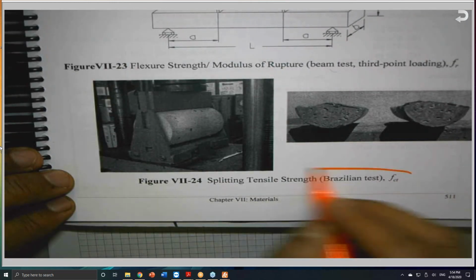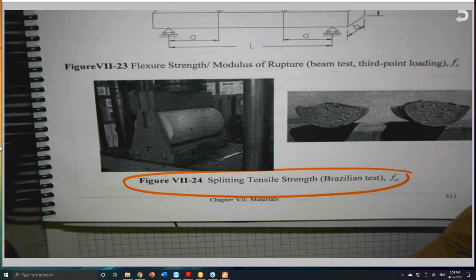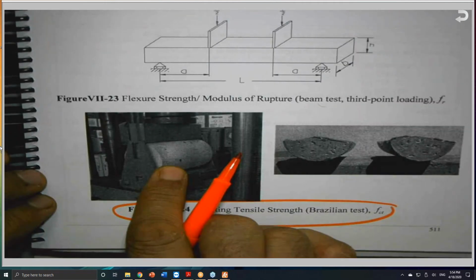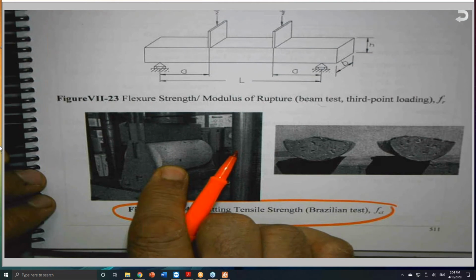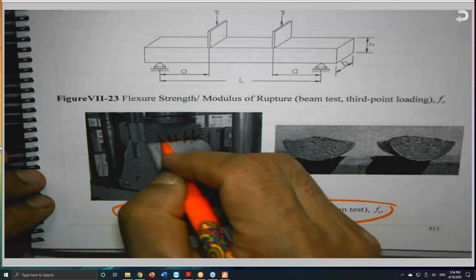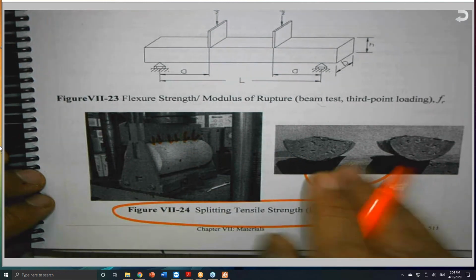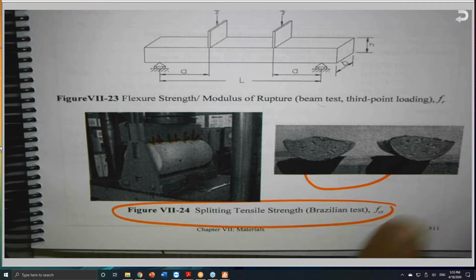We do it for concrete, which is the Brazilian test, where we put the cylinder on its side and we apply the load this way. And as you can see, after failure, the cylinder has been split into two halves like this.